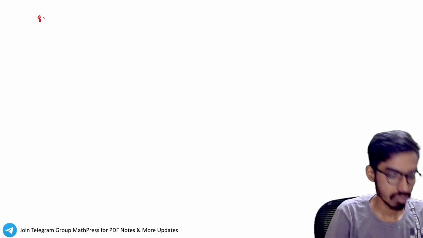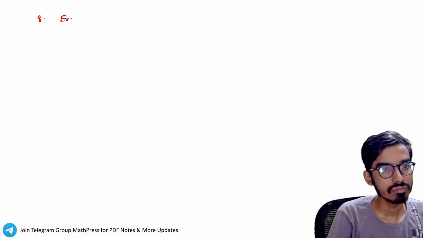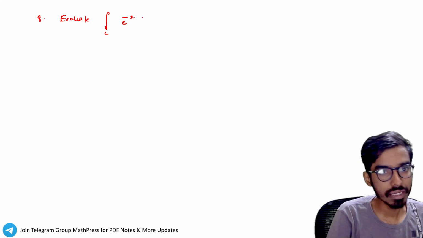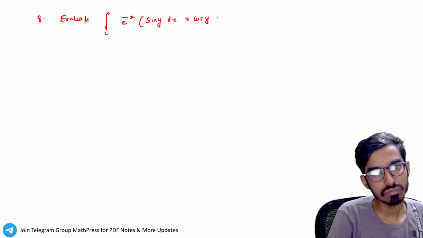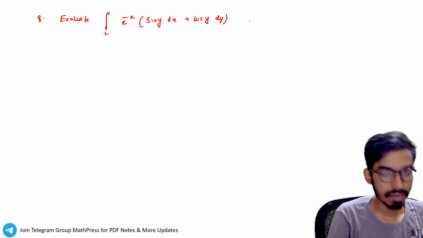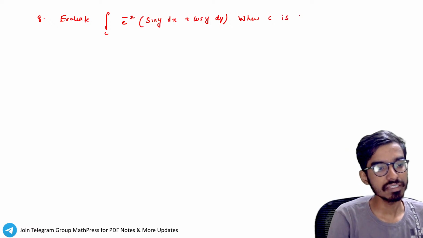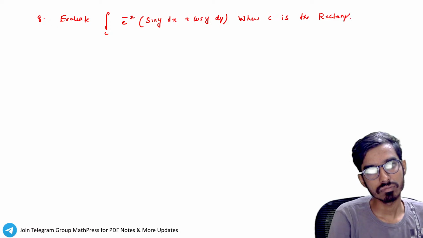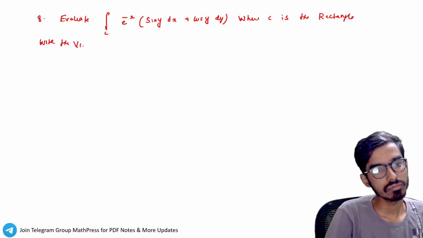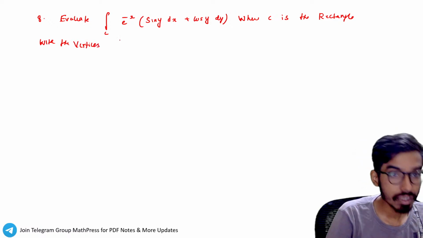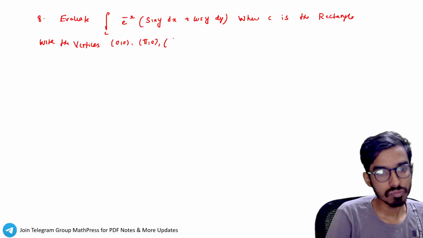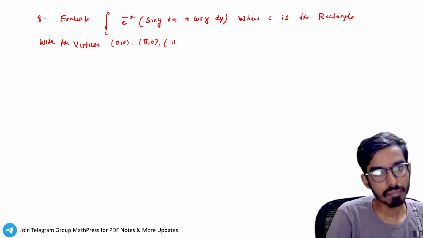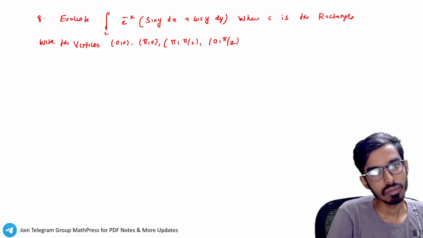Okay, so problem number 8. Evaluate integral over C e power minus x sin y dx plus cos y dy, where C is the rectangle with vertices 0, 0; pi, 0; pi, pi by 2; and 0, pi by 2.